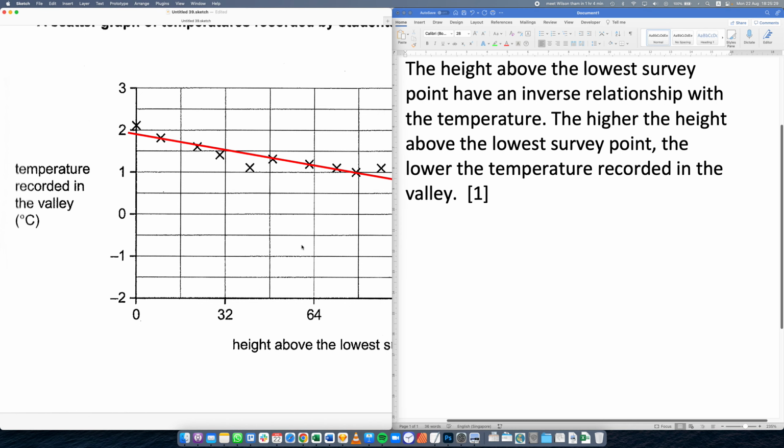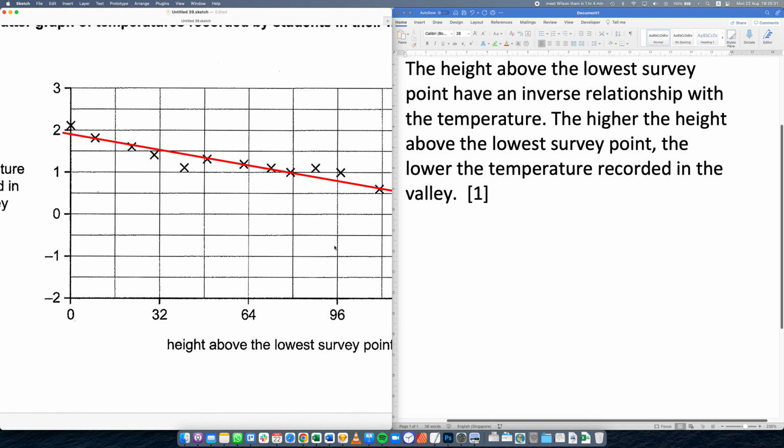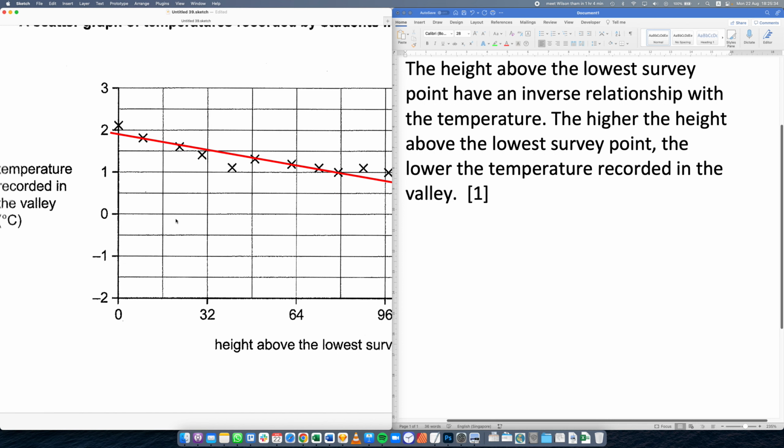Okay, next we want to talk about the data. So for example, when the height is at the lowest, so second one, this is where many of you forget to give me adjectives. So here if I say higher versus lower, then I better use these words to describe my data.